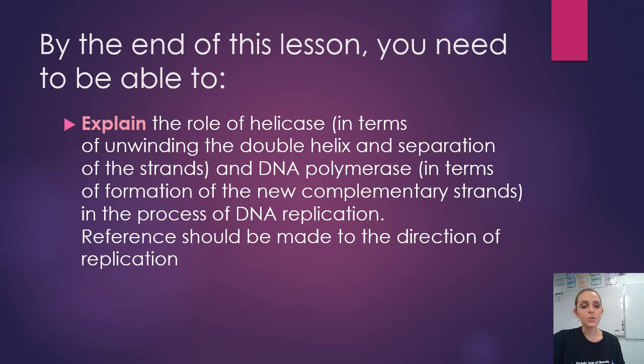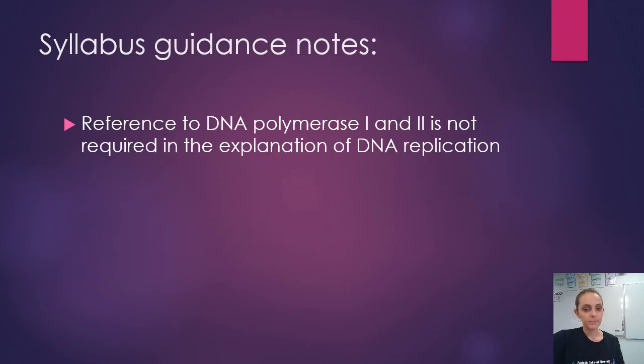So from this lesson, you need to be able to explain the role of helicase as well as DNA polymerase. You need to talk about the process of DNA replication and particularly how those enzymes do the job. It also says that you need to make reference to that direction of replication. So it's important that you look back and understand that 5' to 3' idea.